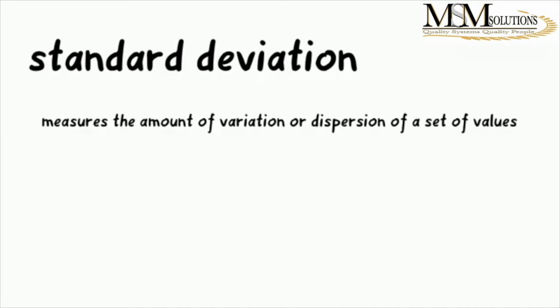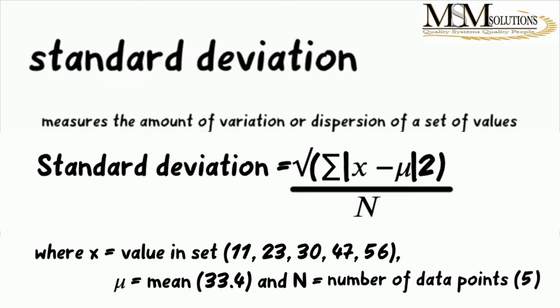How do you calculate this? You don't have to calculate it because we do have programs, but if you're interested in knowing how, this is how you calculate it. The formula is that you take a square root, and you sum the difference between the individual numbers and the mean, and you square that. So the first step is you have a set of data points. You subtract each data point from the mean. You take an absolute number, so regardless of whether the individual data points are lower or higher than the mean, you will always get a positive number.